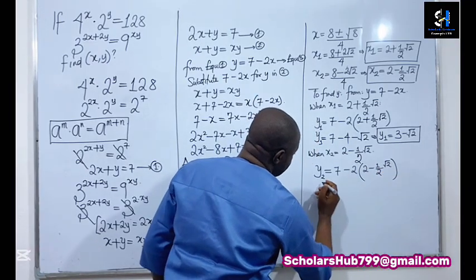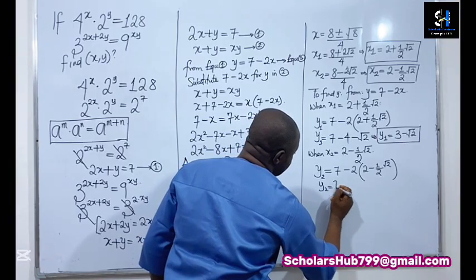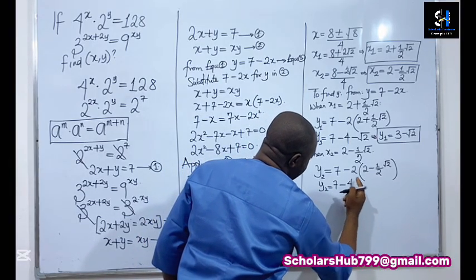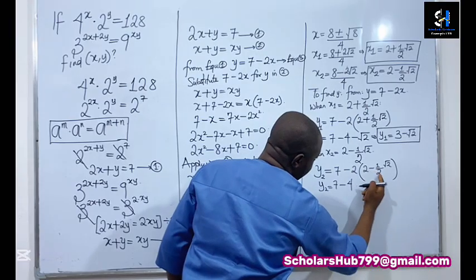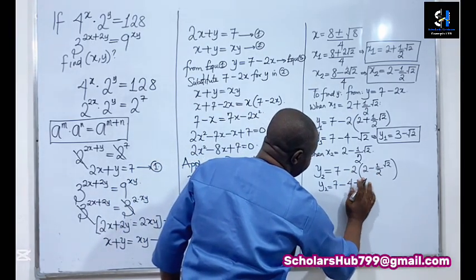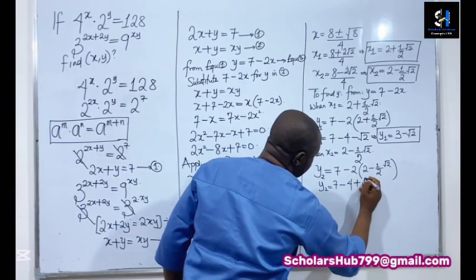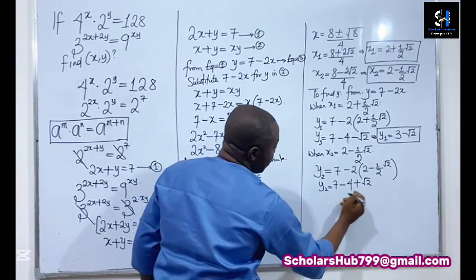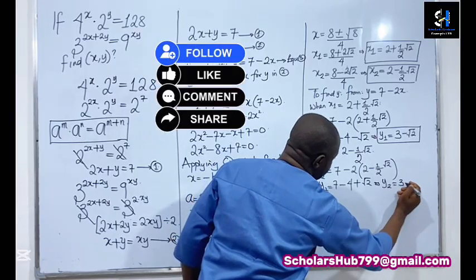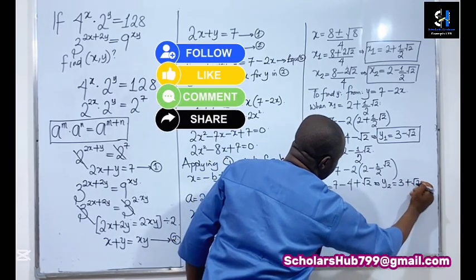If you distribute negative 2 in this case, this is going to be 7 minus 4, negative 2 times minus 1 half of root 2, that will be plus root 2. So 7 minus 4 is 3. So we have 3 plus root 2.